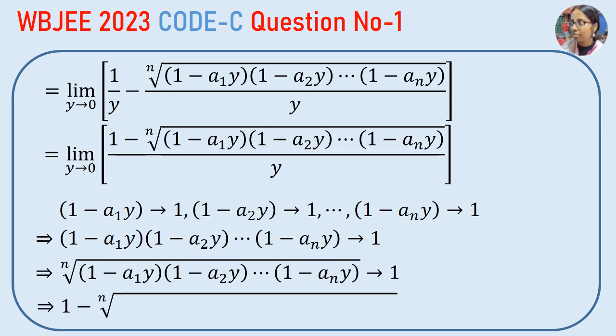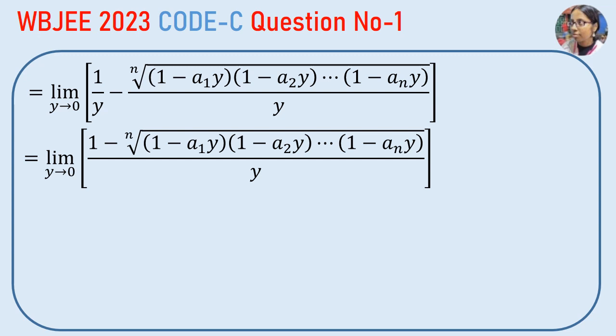Consequently, 1 minus the nth root goes to 0. So, this expression is 0 by 0 form.